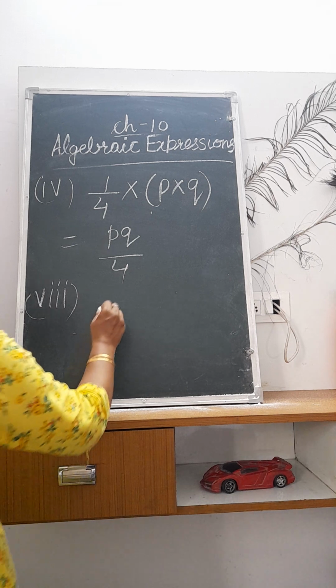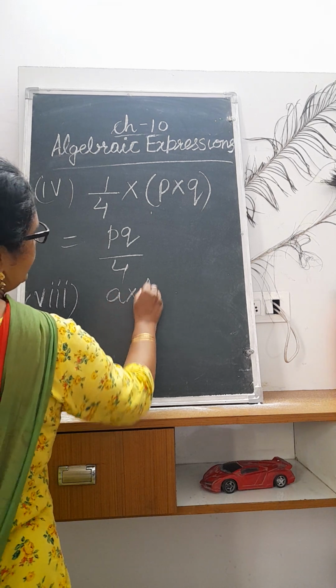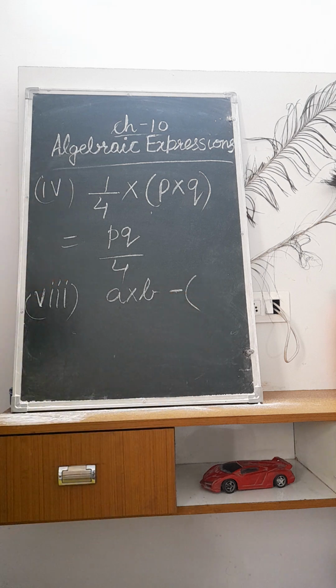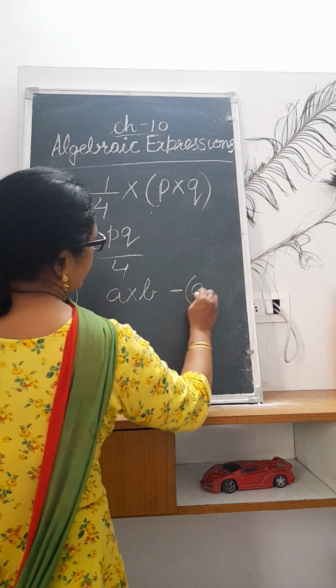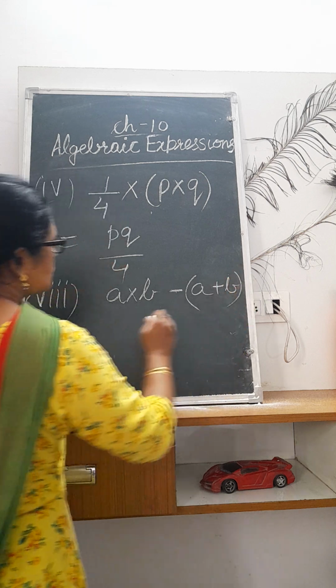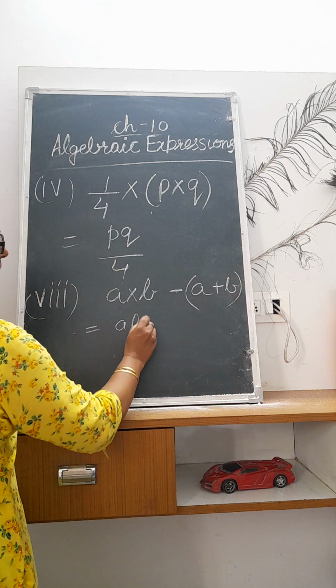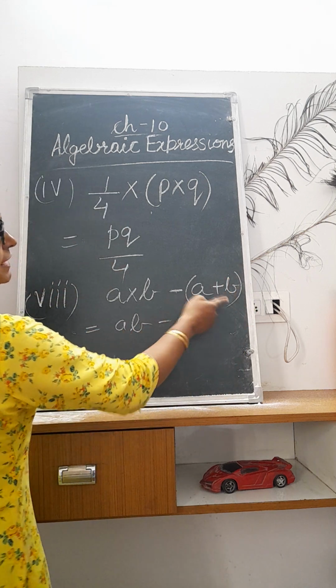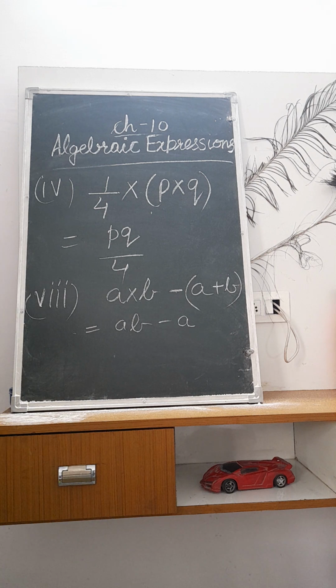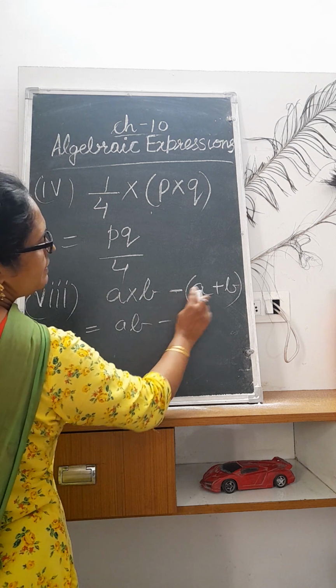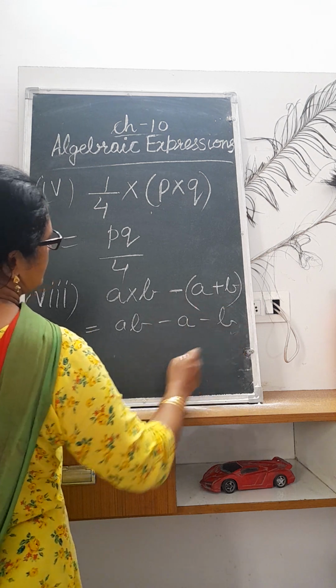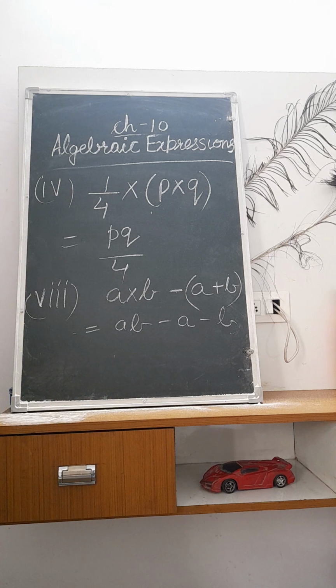Sum means plus, so a plus b. Product means multiply, a into b. What we have to subtract is the sum of the numbers, a plus b. So simply we can write ab minus a plus b. So here we got the answer.